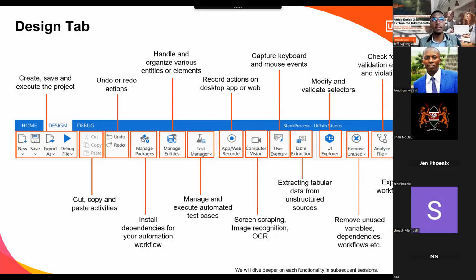The other option we have in the design tab is the recording app, the app or web recorder. And what this option enables the user to do is to record actions on the desktop app or web. So for instance, you're automating a certain website. What UiPath Studio enables you to do is to record an action.